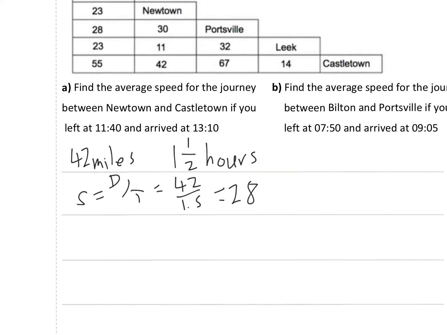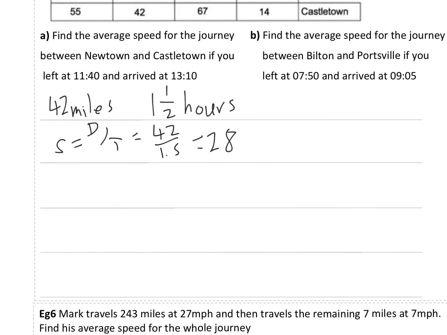Now, if I do it using fractions, it's 42 divided by 3/2 of an hour. So that's 42 divided by 3/2. That's 42 over 1 multiplied by 2/3.